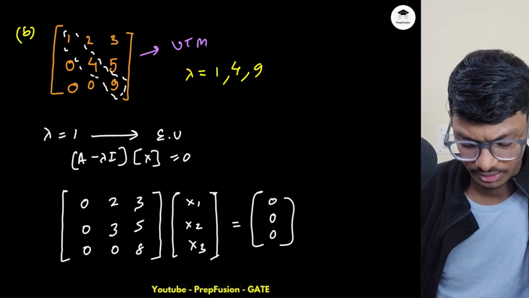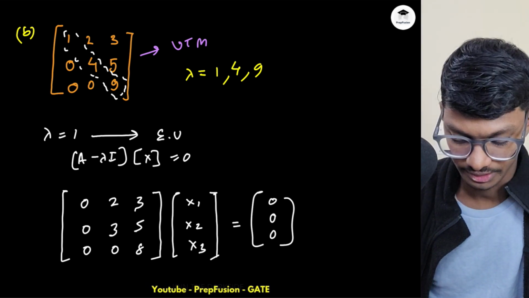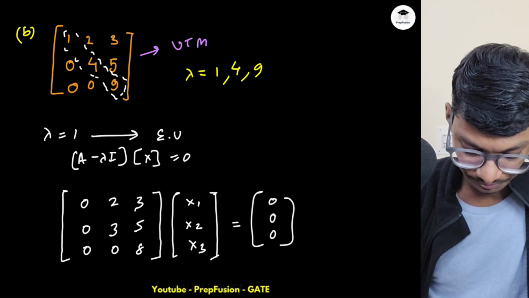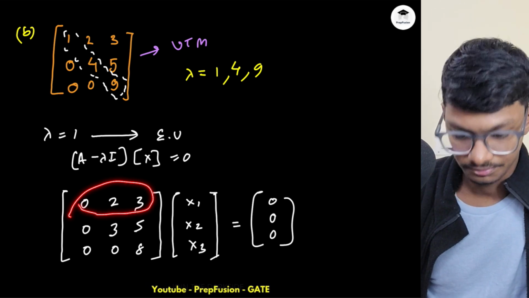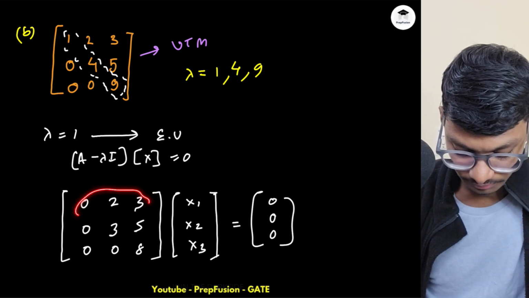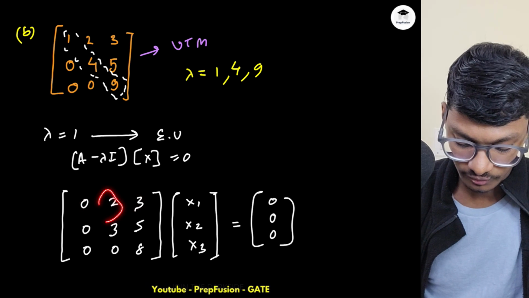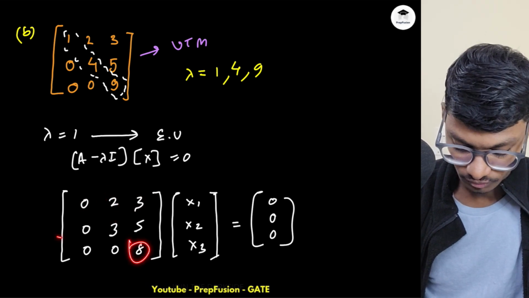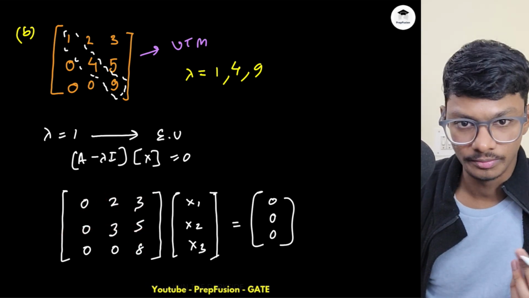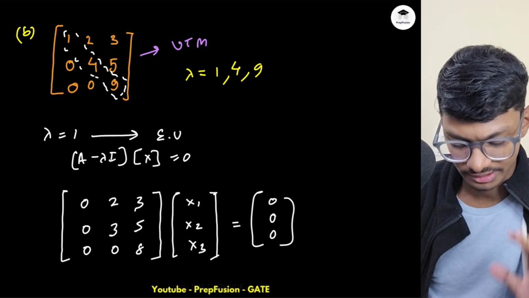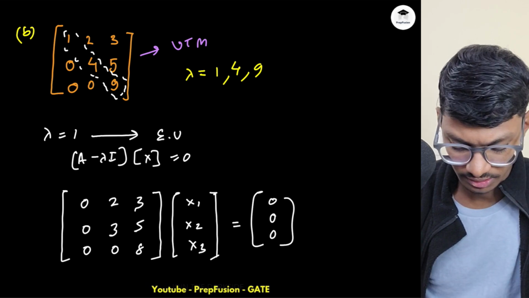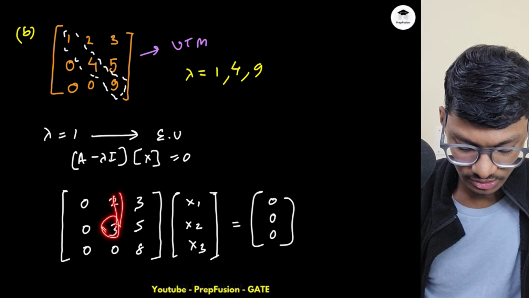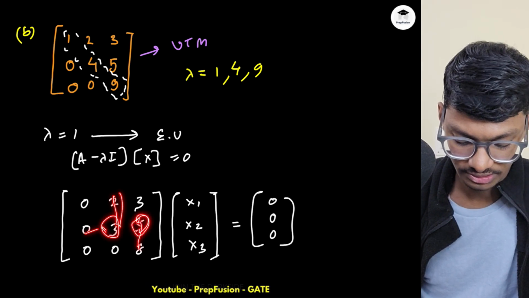So how many free variables are we getting? If I observe this carefully, how many pivot columns do we have? We have 1 and we have 2, so we have 2 pivot columns. There will be 1 free variable; the nullity is 1. You can do it many ways. You can subtract this again, and you will get 0, 0 over here. Subtracting this element, I will get a row of 0.